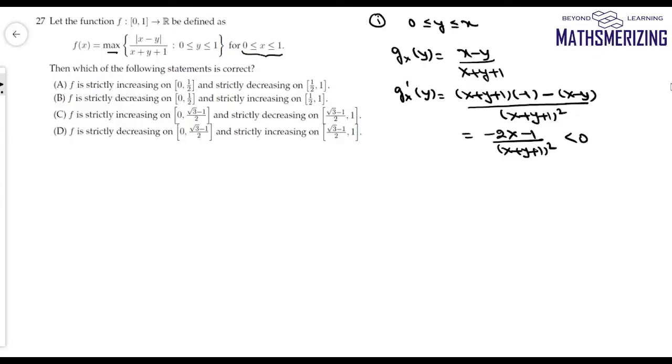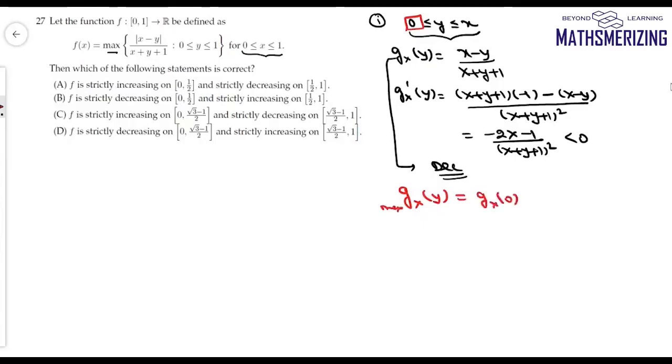So that means in this interval from 0 to x, this function g(x, y) is a decreasing function. Now, if the function is decreasing, then the maximum value of this function occurs at the start of this interval. So that means the maximum value of g(x, y) is equal to g(x) when y is 0.